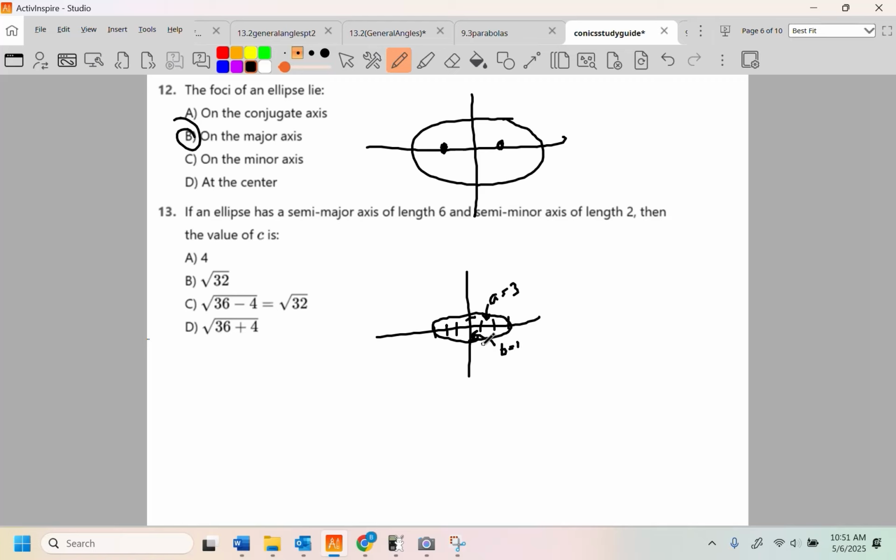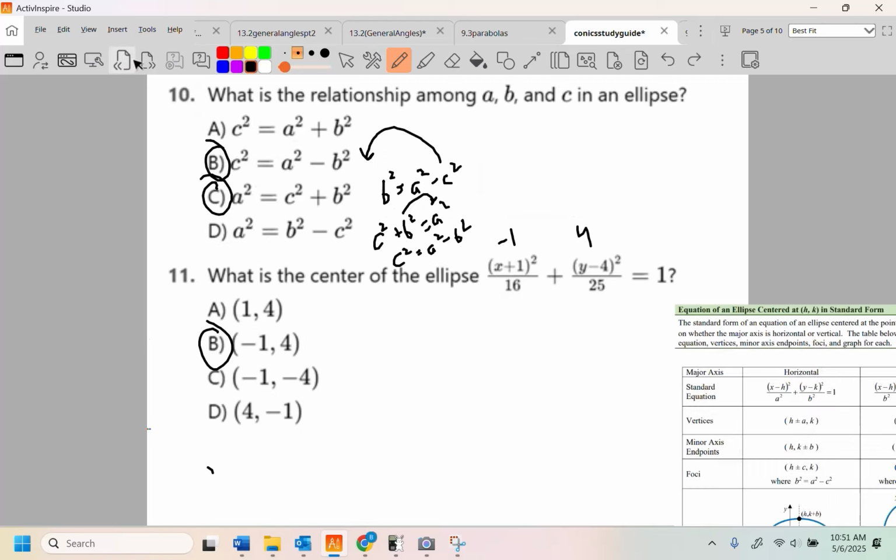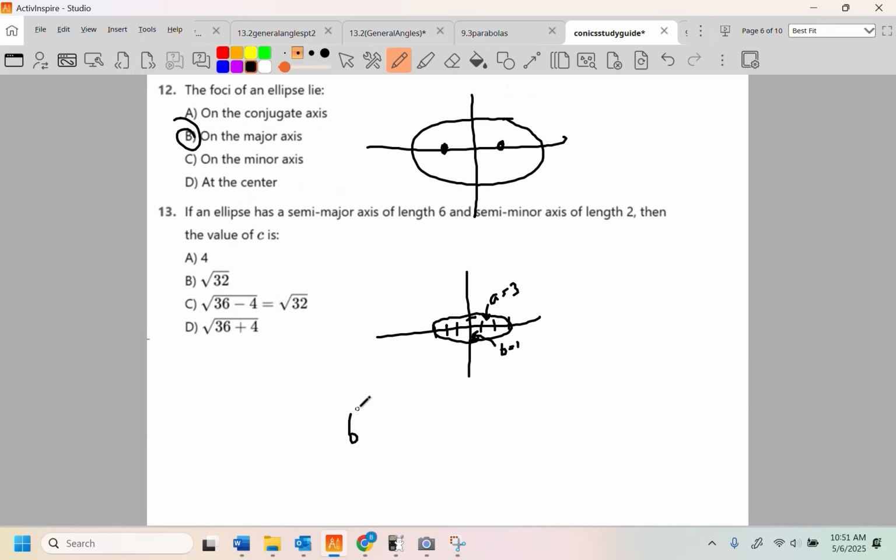And then you're just going to fall back on your equation, which is b squared equals a squared minus c squared. You're going to plug in: 1 squared equals 3 squared minus c squared. So doing a little shifting, c squared is 3 squared, which is 9, minus 1. C squared is 8. C is root 8. Which oddly enough isn't there.